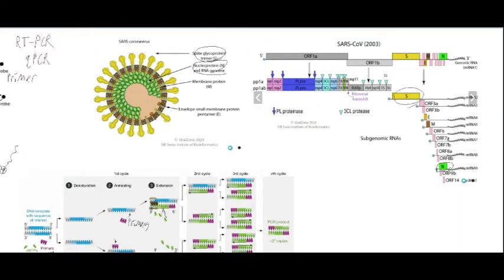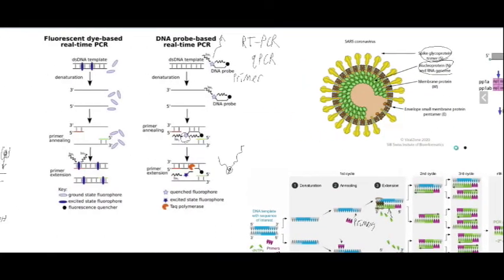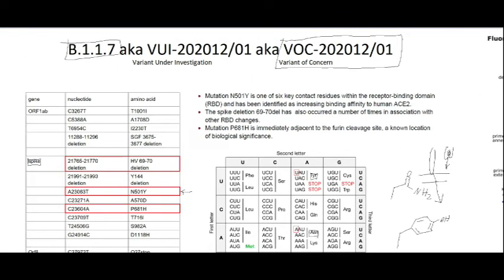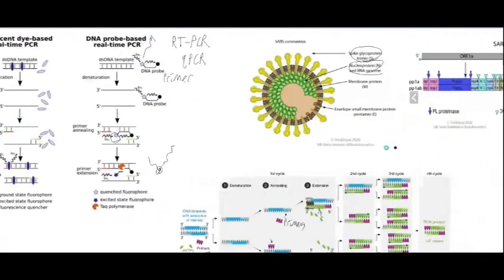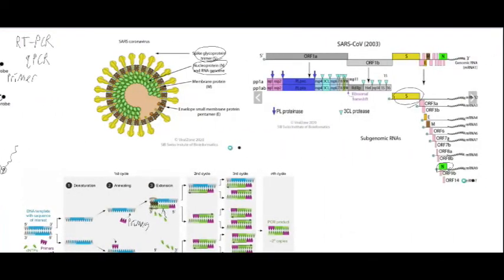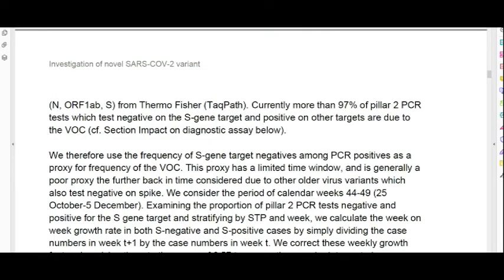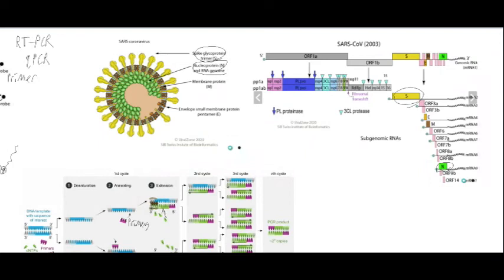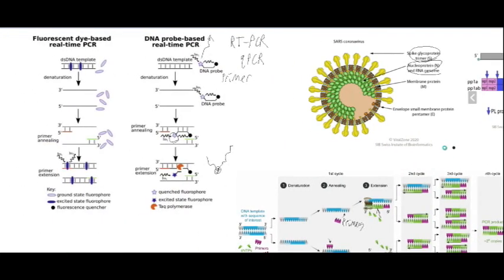And interestingly, what happens is that the deletion that they get, this HV deletion at 69 and 70, makes it so that this, which one was it? I think it was the S. Yeah, the S. They can no longer detect it when they do real-time PCR.